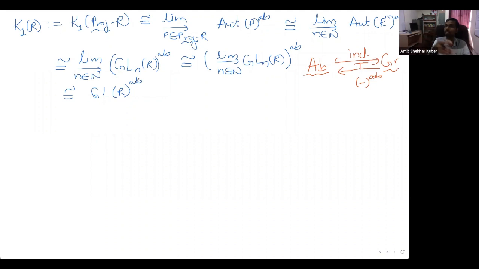And this was the original definition. I mean, for symmetric monoidal categories, you generalize this idea to get this definition of K-theory. So we simply have to find this. Now, what is it? What is GL(R)^ab?